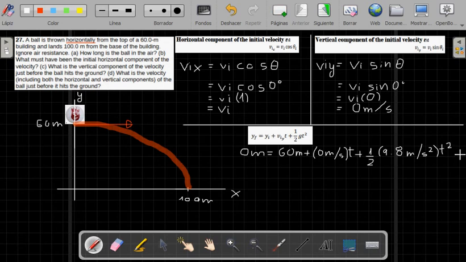There it is. So let's try to isolate the unknown t, the time.